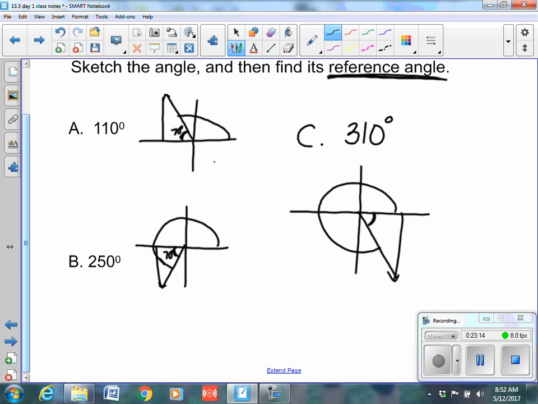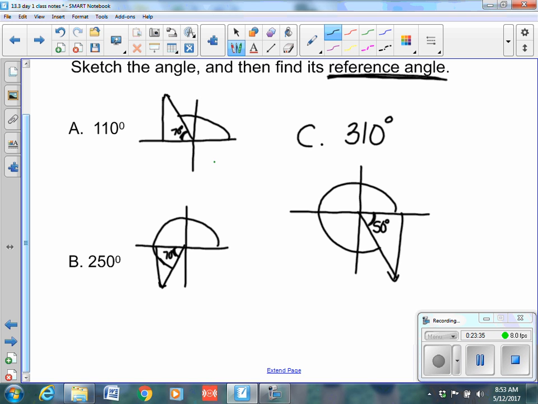Does that make sense? If you already went 310 and a full circle makes 360, how much would that angle have to be? 50. Yep, that angle would have to be 50. It's very important in math to know how to find reference angles.